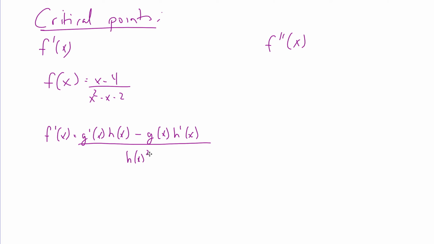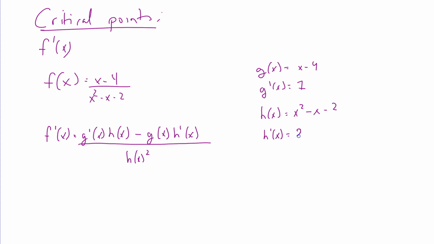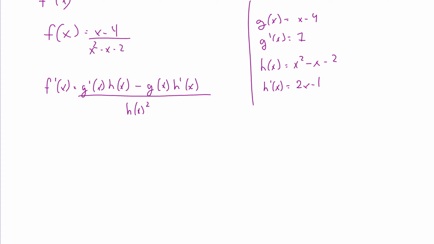So here I have g of x is equal to x minus 4. g prime of x is equal to 1. h of x is equal to x squared minus x minus 2. h prime of x is equal to 2x minus 1.